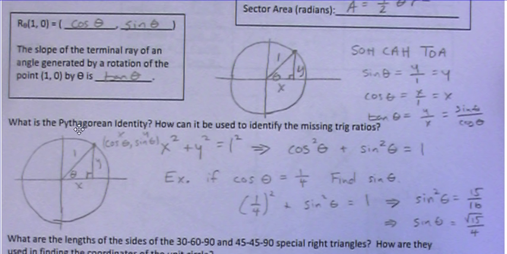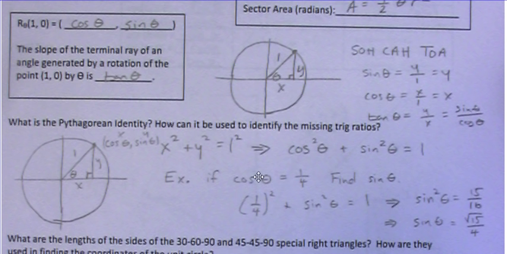So the first of the identities that we talked about was the Pythagorean identity. And we started with the Pythagorean identity, and we used it to help us find other trigonometric ratios.